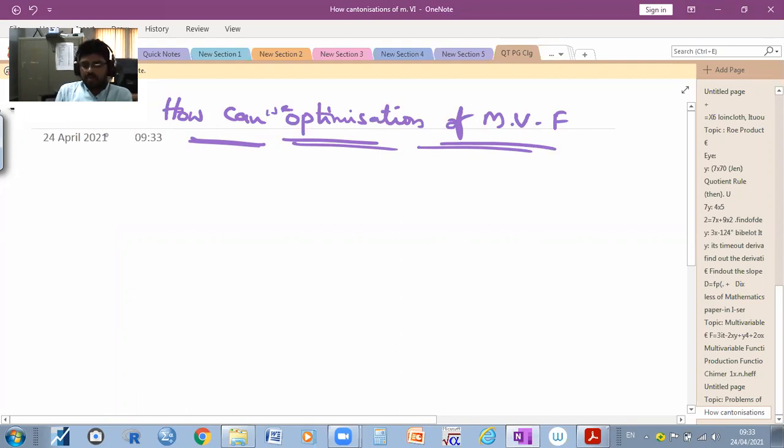As we know, what is the difference between a multivariable function and a single variable function? Yes, please.